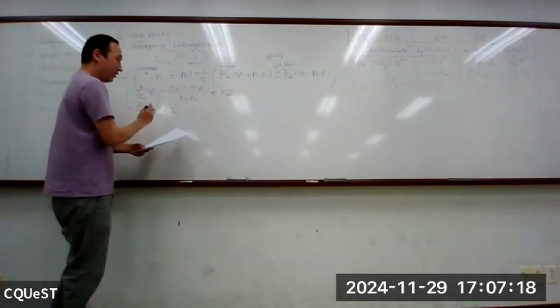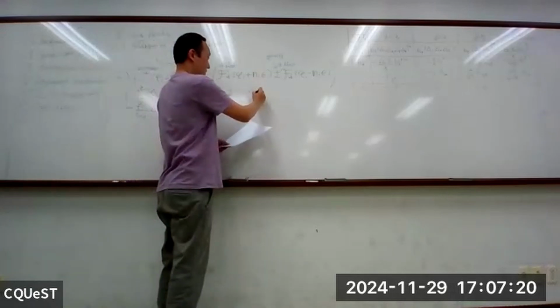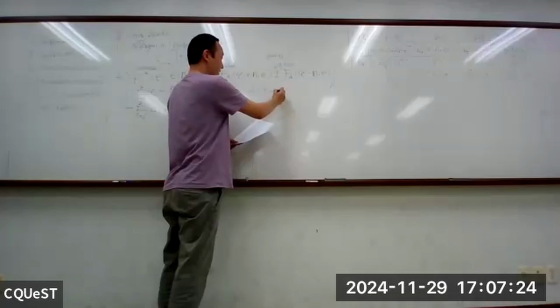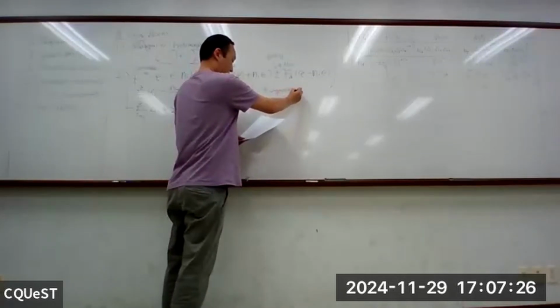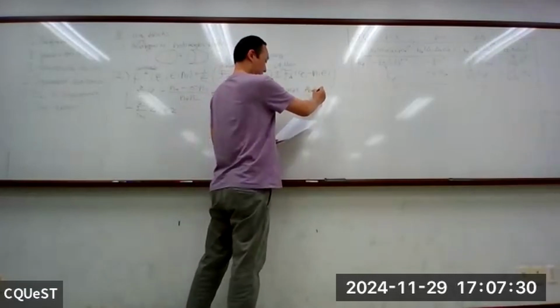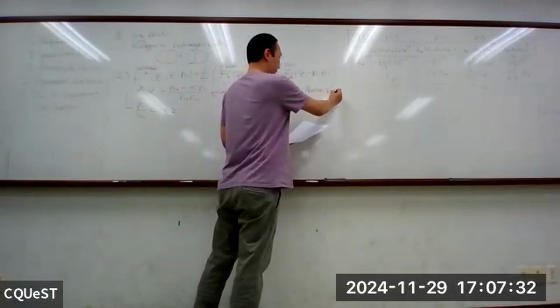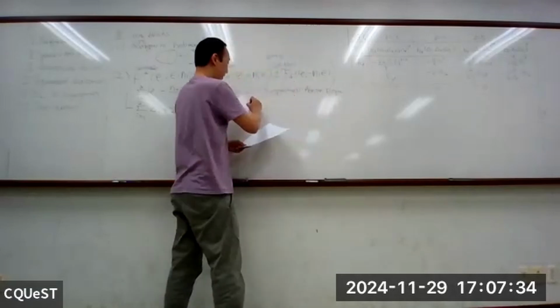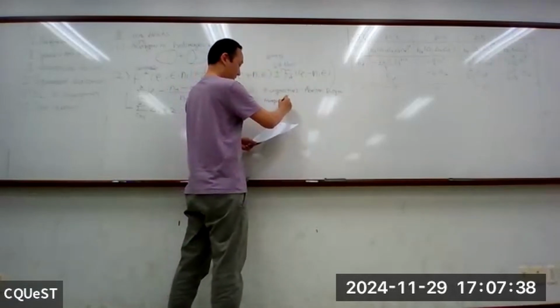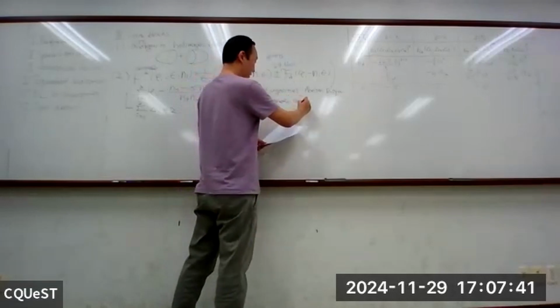And delta i's are fugacities of abelian R symmetry. And n i's are magnetic charges.